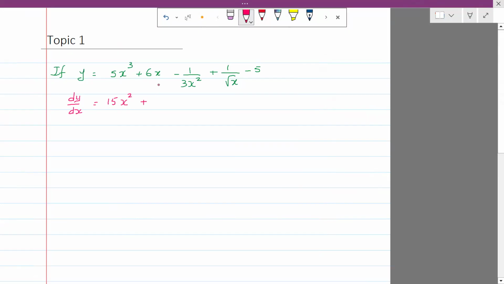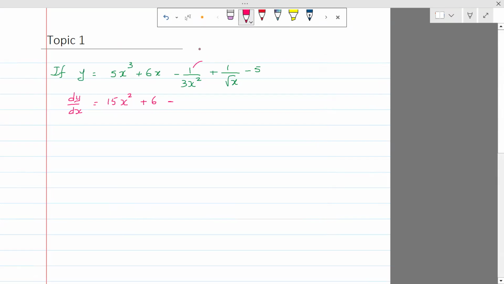squared, 6x, this becomes 6, minus, now this here I'm going to write it as 3x by bringing the x square here, I bring it in the numerator.